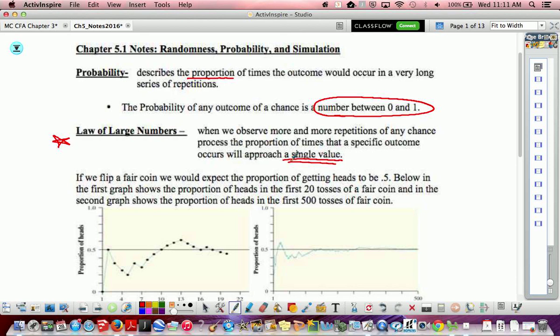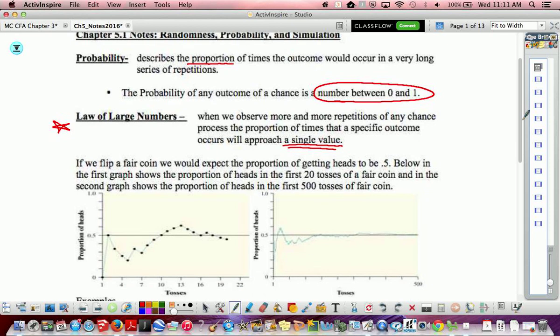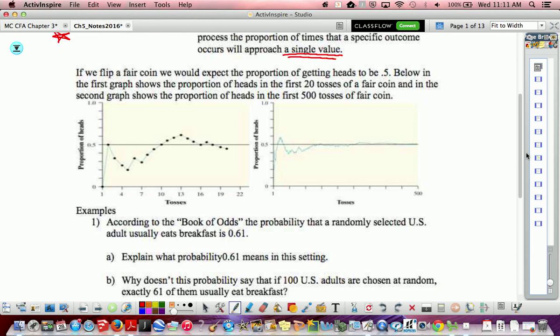Okay? So to demonstrate this concept of the law of large numbers, we have two graphs here that show what we call short-term versus long-term. Up top it says, if you flip a fair coin, you'd expect the proportion of getting heads to be 0.5.